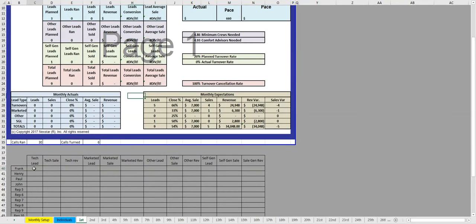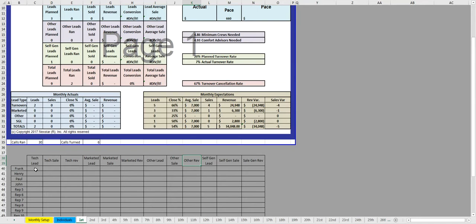Down here is where you put the results. Every day your comfort advisors ran leads. So in this example, we had Frank who ran 2 turnovers, and if you look, it says tech lead, tech sale, tech revenue, market lead, market sale, market revenue. Other lead, this is your Costco, Home Depot, your home shows, all that type of stuff. Self-generated.